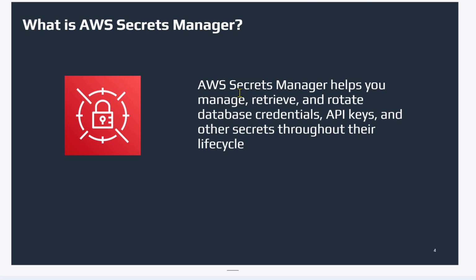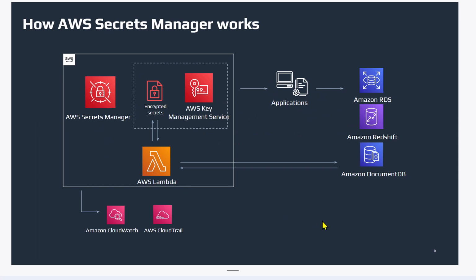So if I move forward, I'll show you how it actually works. What you see on the screen is Secrets Manager, where you have kept secrets encrypted by a key management service. I will talk about key management service in greater depth during this series, and what benefit you can get out of it and what compliance requirements it helps organizations meet.